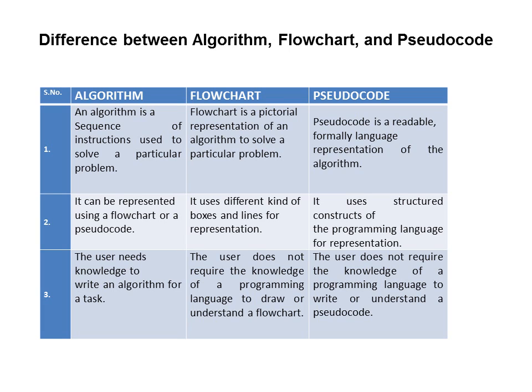In a flowchart, we use some basic symbols to draw the diagram, and for pseudocode we use keywords, that is, structured constructs of the programming language, to represent the algorithm. For developing both flowchart and pseudocode, the user does not need any programming language knowledge. By studying the basic symbols, they can easily draw the flowchart, and with the help of the keywords, they can easily write the pseudocode.